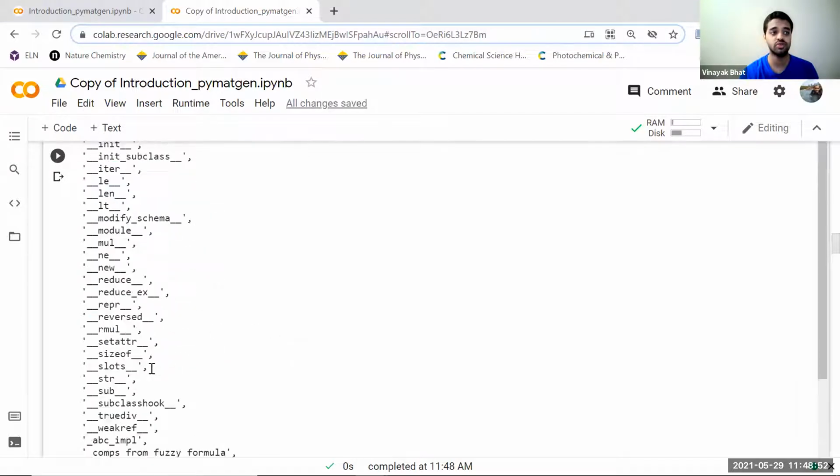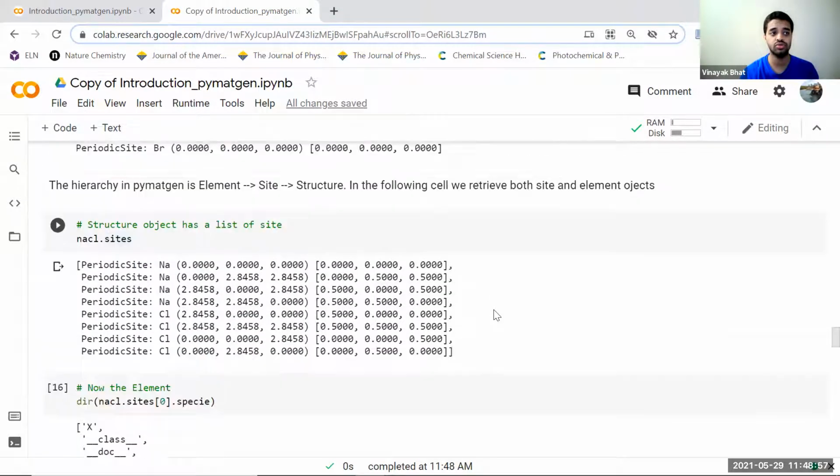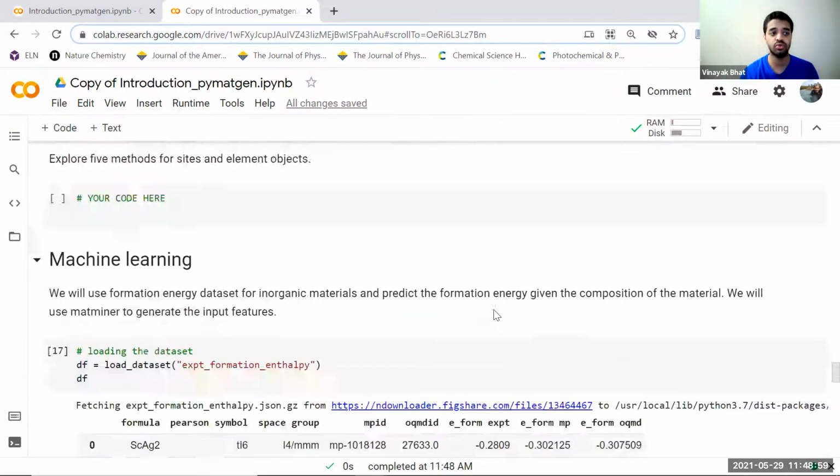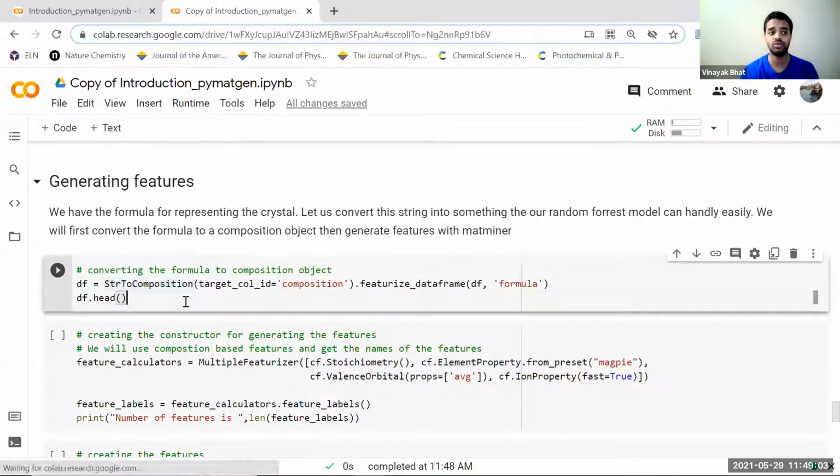So first of all, we'll try to convert the string that we have into this object. This is very similar to what we did in RDKit, which was to convert SMILES into the molecule objects.